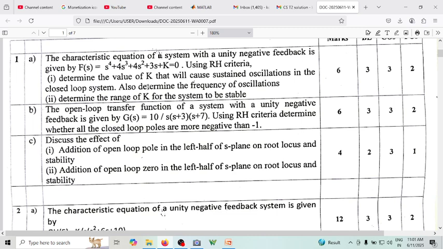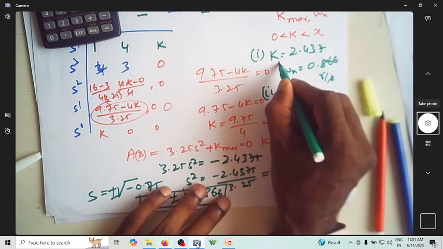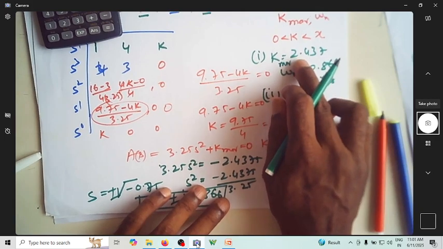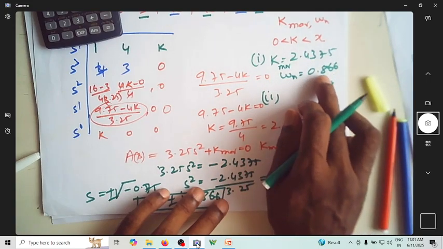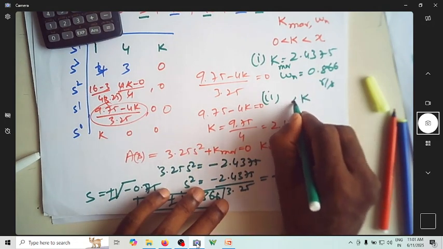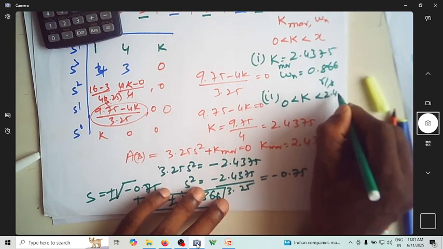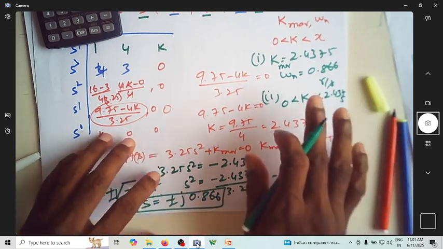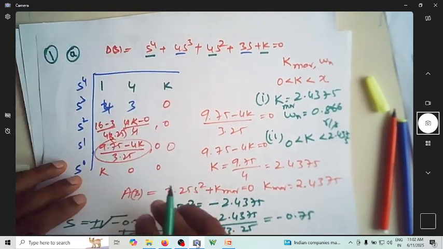So k margin is 2.4375, the frequency of oscillation is 0.866 radian per second, and for the system to be stable, the value of k should be greater than 0 but less than 2.437. That's the solution for 1A.